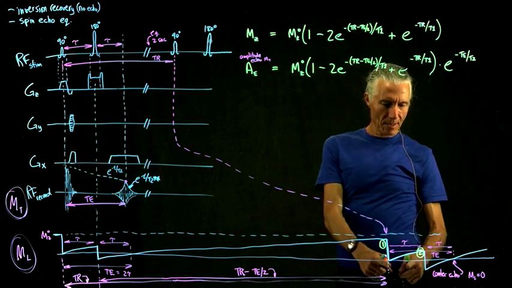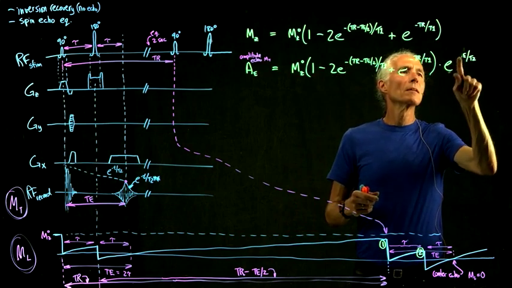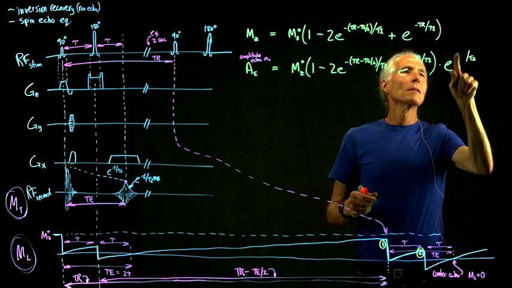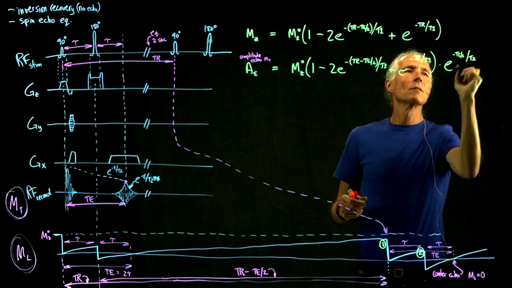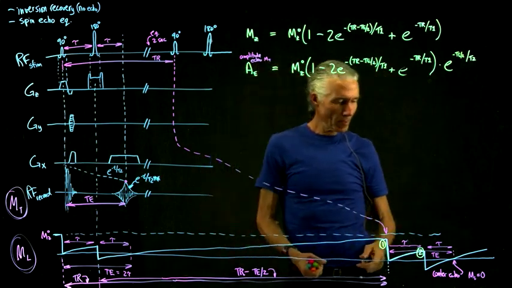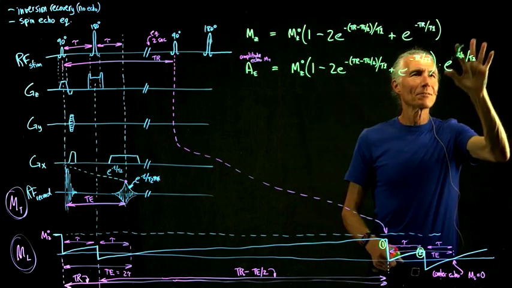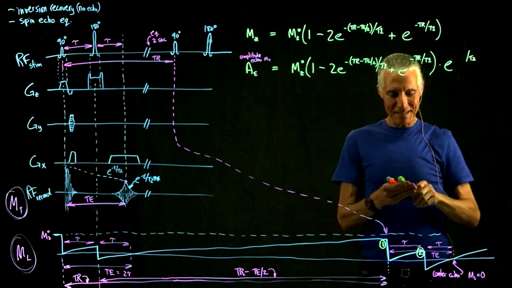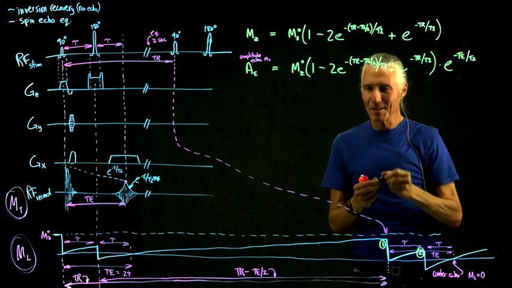Because it's... Yeah, and I think that should be minus TE over 2 over T2. Yeah, because it's just the... Oh, no. No, sorry. See how easy it is to confuse Marty.